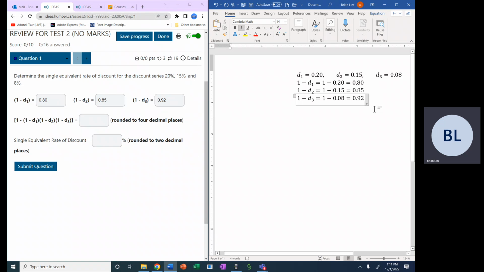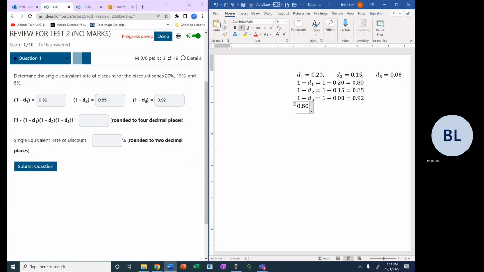So what we can do is to first multiply 1 minus D1, which is 0.80, times 0.85 times 0.92.